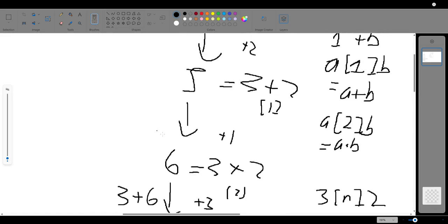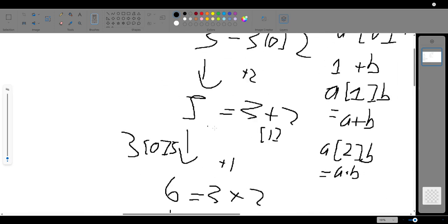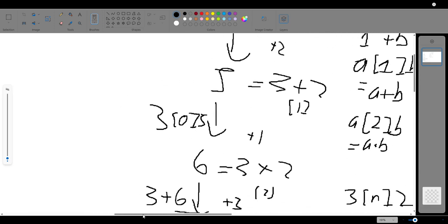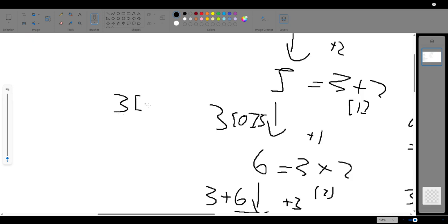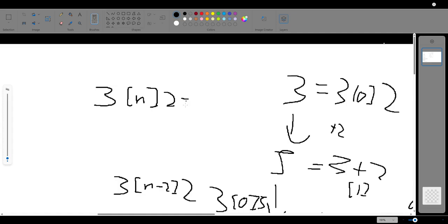So then, in order to get to the result, overall the change per gap is 3n minus 2. Yeah, so you could also simplify it.